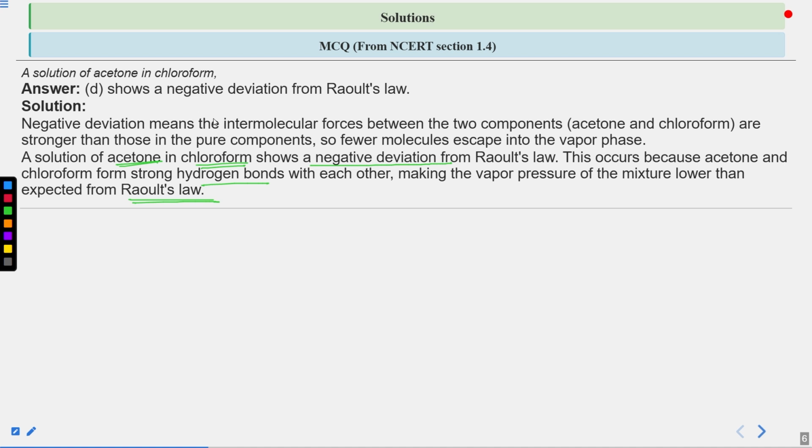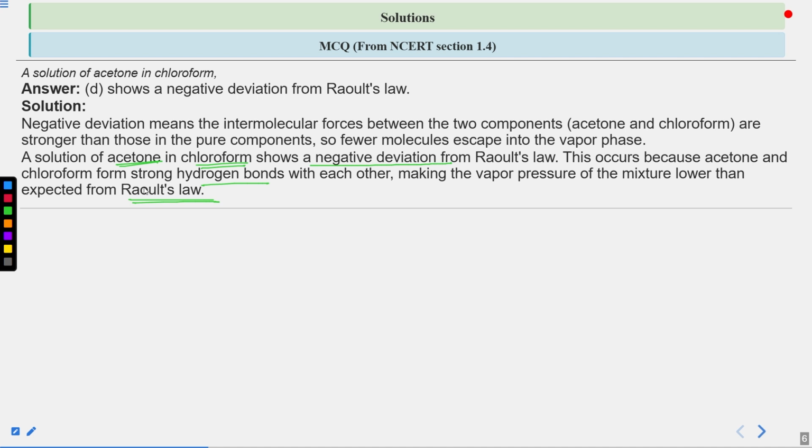If you take the solution of acetone in chloroform, it will show negative deviation due to the presence of strong hydrogen bonds between acetone and chloroform, which makes their attraction stronger than their pure component interaction, which will decrease its vapor pressure. That means a lower number of molecules will escape into the vapor phase, which makes the vapor pressure of the mixture lower than we expected from Raoult's law.